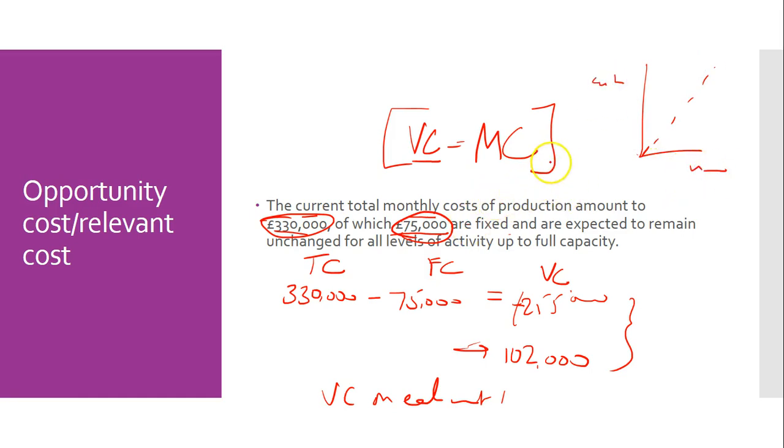That's your general way of starting to think about what's happening here. So we can work out the variable cost per unit by dividing the 255,000 by 102,000, which gives you £2.50. So we know that it costs this business right now £2.50 to make each unit.